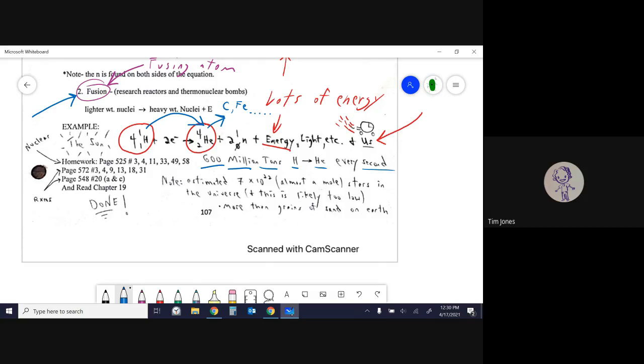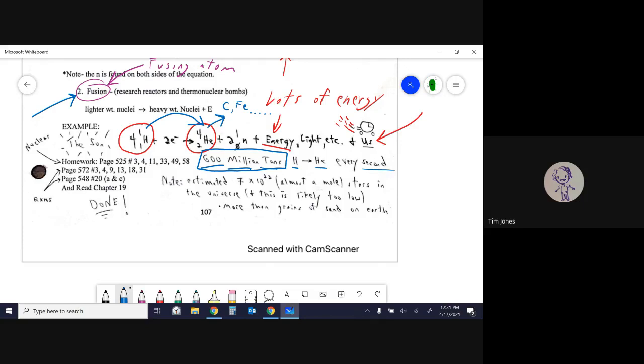And our sun converts 600 million tons of hydrogen to helium every second. And it's done it for a long time. And fortunately, is going to do it for a long time into the future. This amount is just absolutely amazing. And it kind of helps understand how big the sun is.